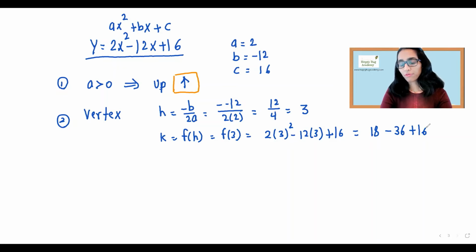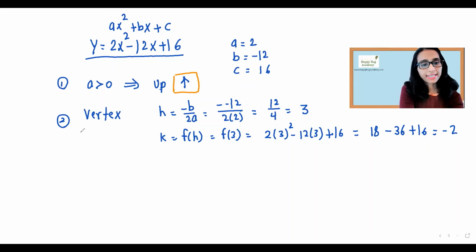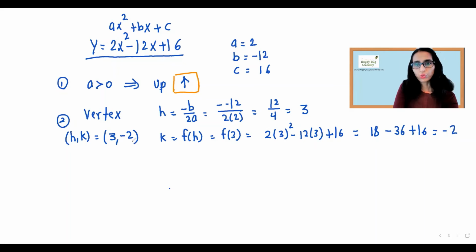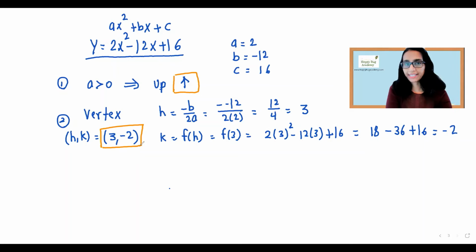And if you solve for this, you will get negative 2. And there you have it. The vertex is given by h comma k, and we found out that is 3 comma negative 2. And here is our second step, that we found the vertex.